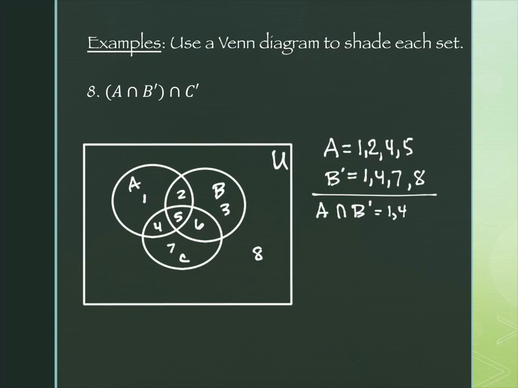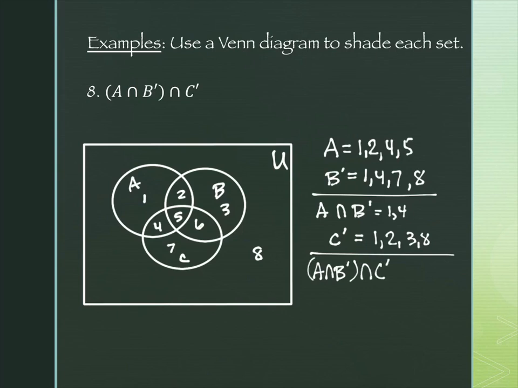Okay, that's all the part that's in parentheses finished. Now I move to the outside of the parentheses. What's outside my parentheses? C prime, which means what's not in C. So what numbers are not in C? 1, 2, 3, and 8. Okay, those are the two pieces of information that are going to be joined with what symbol? Yep, intersection.